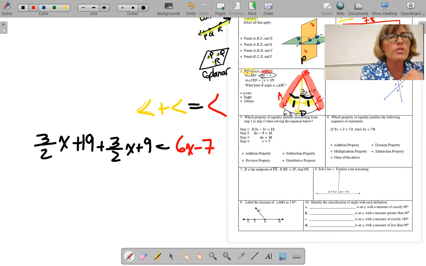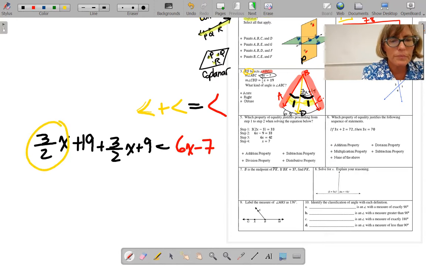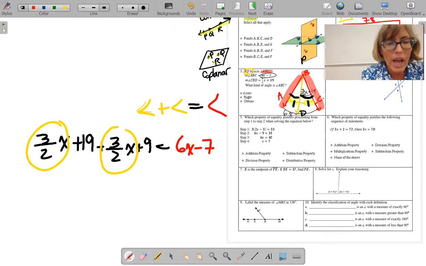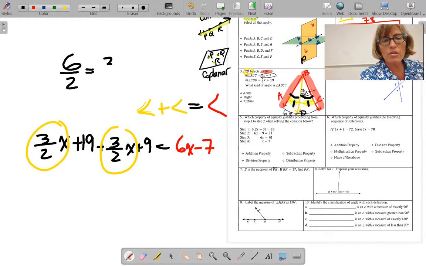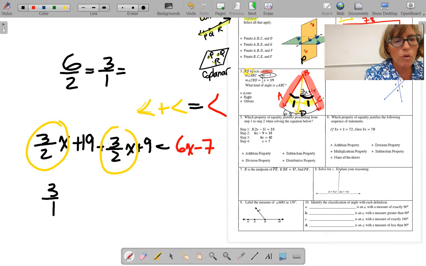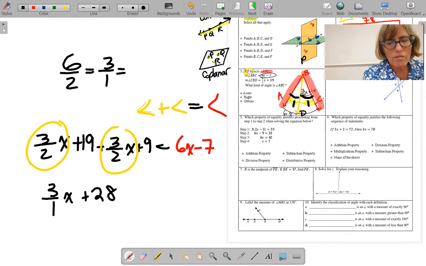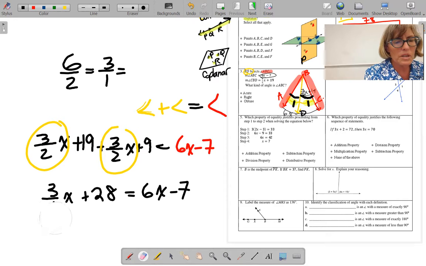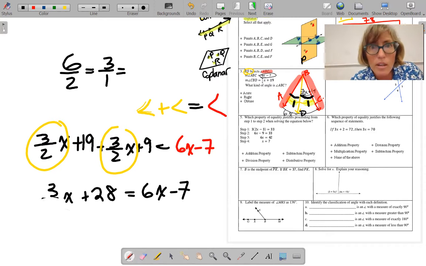Alrighty, so we collect like terms. 3/2 plus 3/2 ends up being 6/2, which means technically it's 3/1, which means we'll just leave it at that. So I have 3/1 x plus 28 equals 6x minus 7. 3/1 is basically just 3. So that's that little trick there.